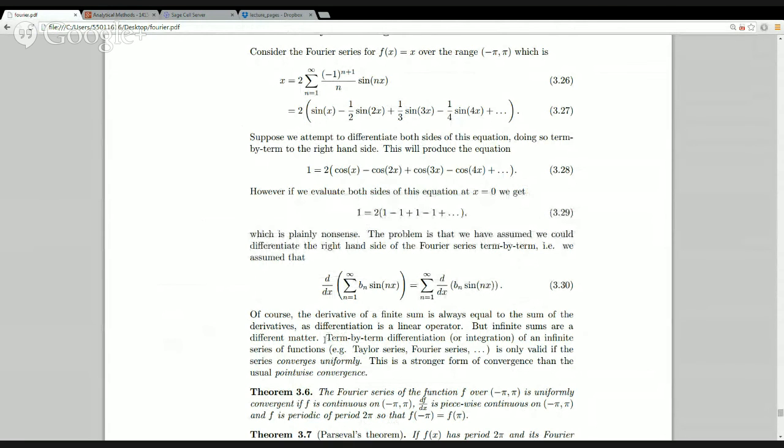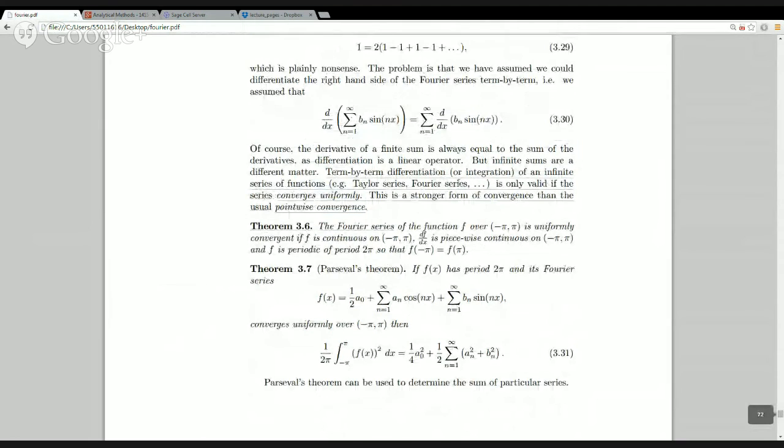So you can see in this paragraph at the bottom, just before theorem 3.6, term by term differentiation or integration of an infinite series of functions is valid if the series is converging uniformly. But if it's not converging uniformly, then it isn't a valid step to assume that you can differentiate or integrate it term by term.